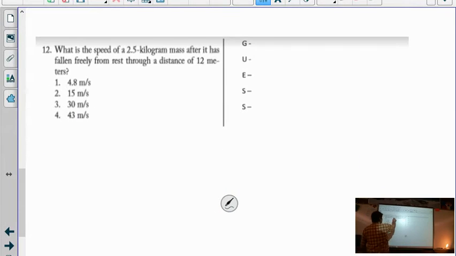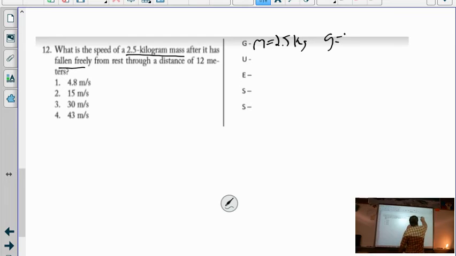So we have, what is the speed of a 2.5 kilogram mass after it has fallen freely, G equals 10 meters per second squared, through a distance of 12 meters? Oh, and it started from rest.